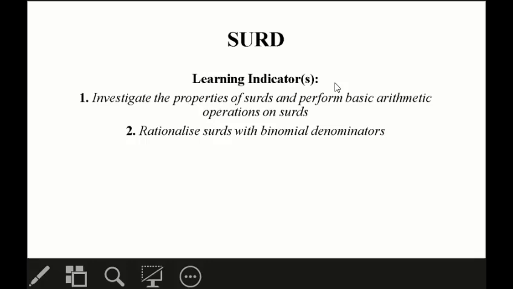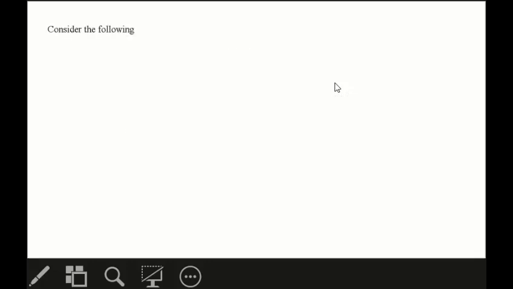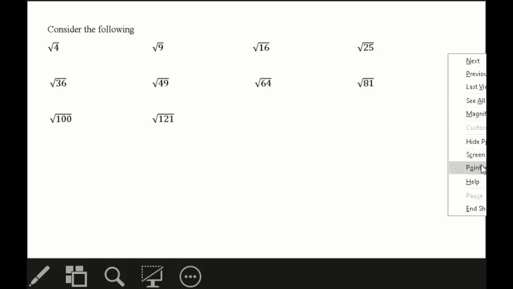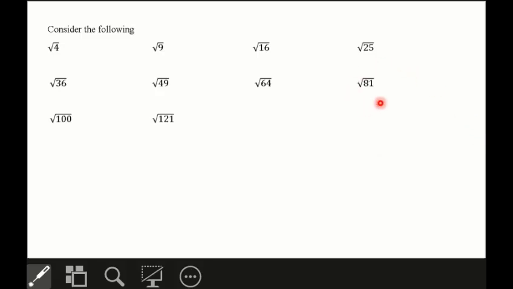Good. Now, let's consider the expressions below. These are the expressions we have: the root of 4, the root of 9, the root of 16, the root of 25, the root of 36, the root of 49, the root of 81, the root of 100, and the root of 121.